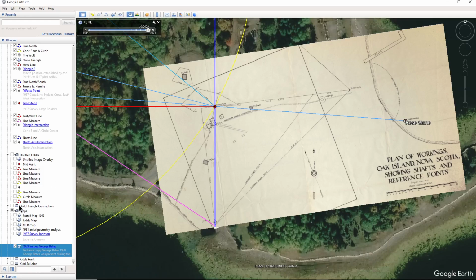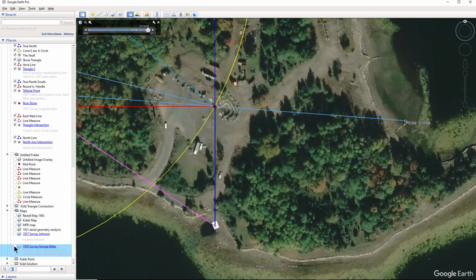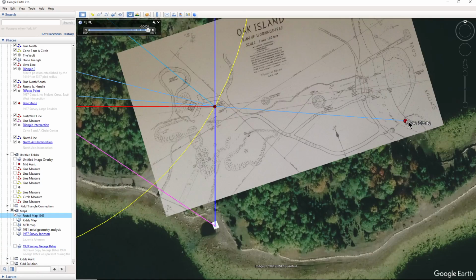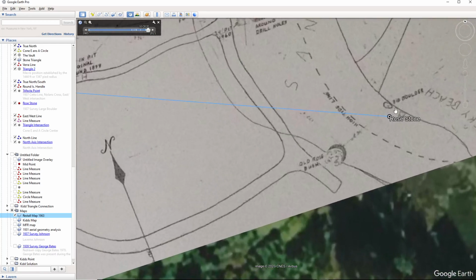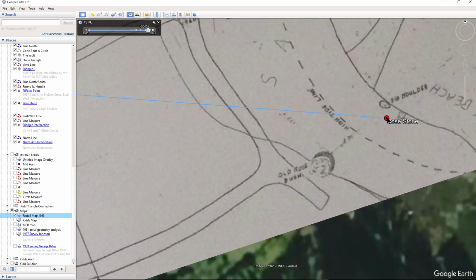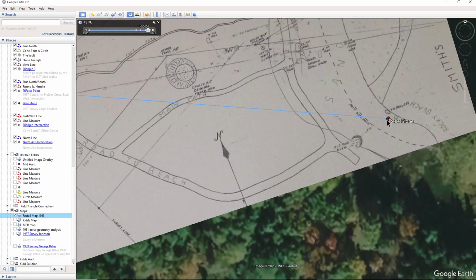The reason I call it the rose stone is that Robert Restall puts on his map the old rose bush. There used to be an old rose bush in line with this large boulder. It doesn't exactly line up to where I have this placed on his map, but it's only off by about, I think, 6 feet or something like that.